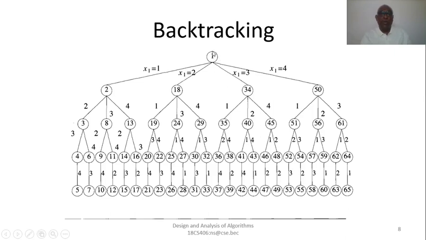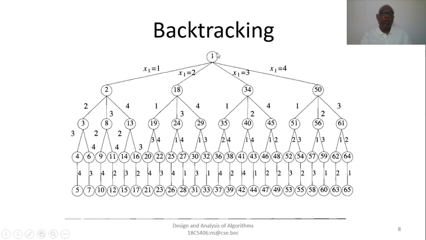So this root node corresponds to the empty configuration of the chessboard. This root node is defined to be at level 1. The level k is equal to 1.